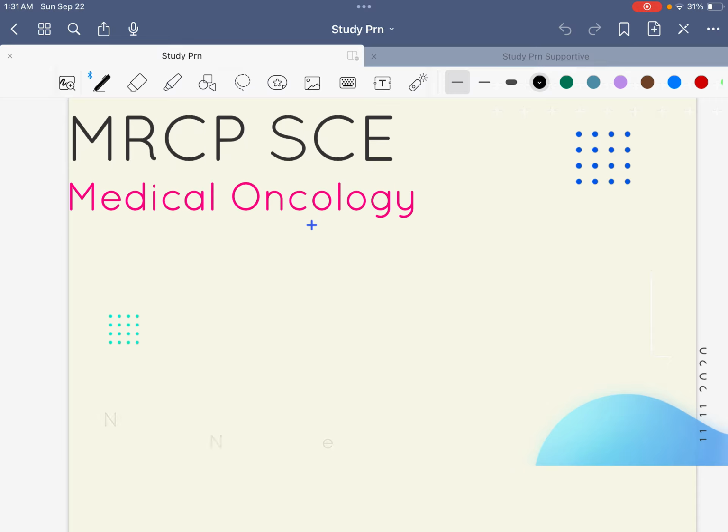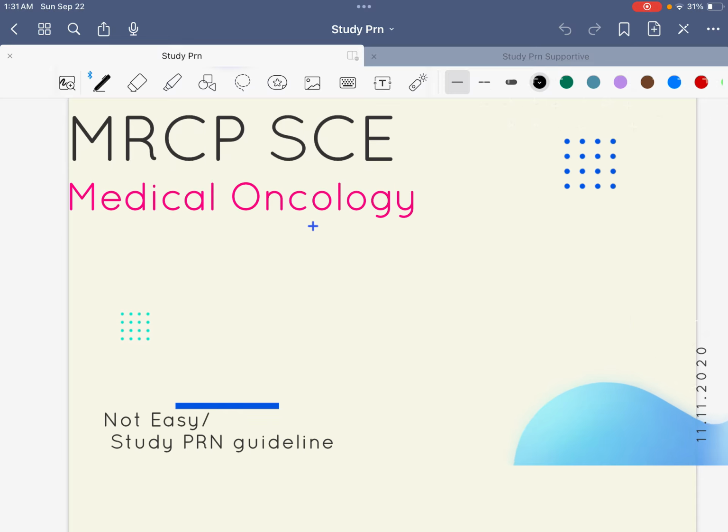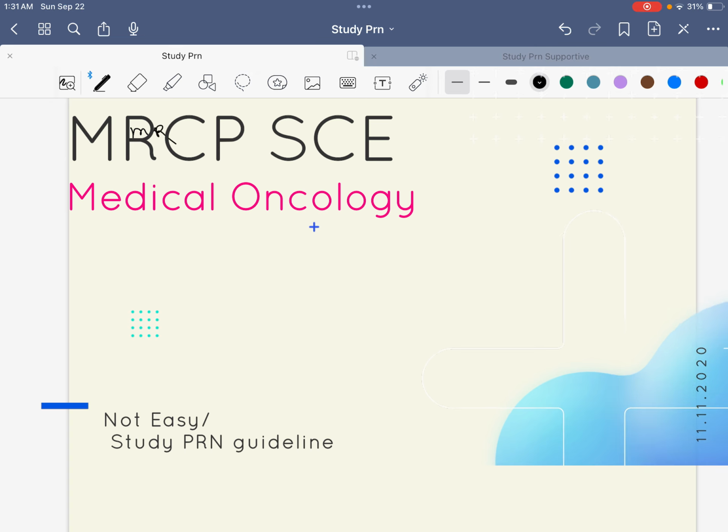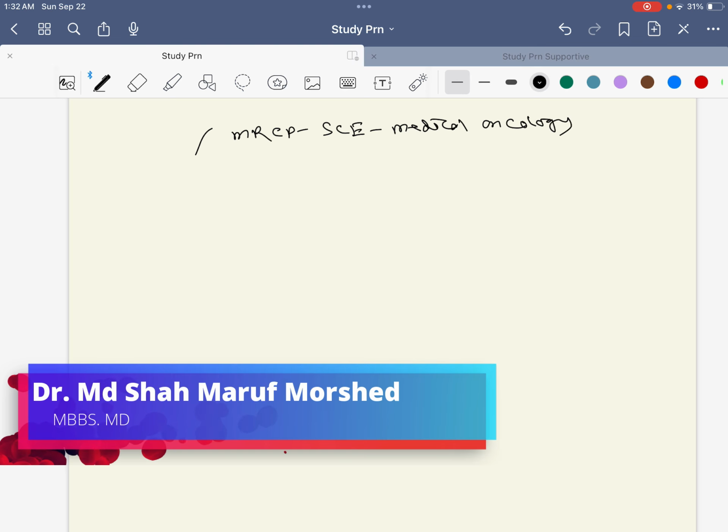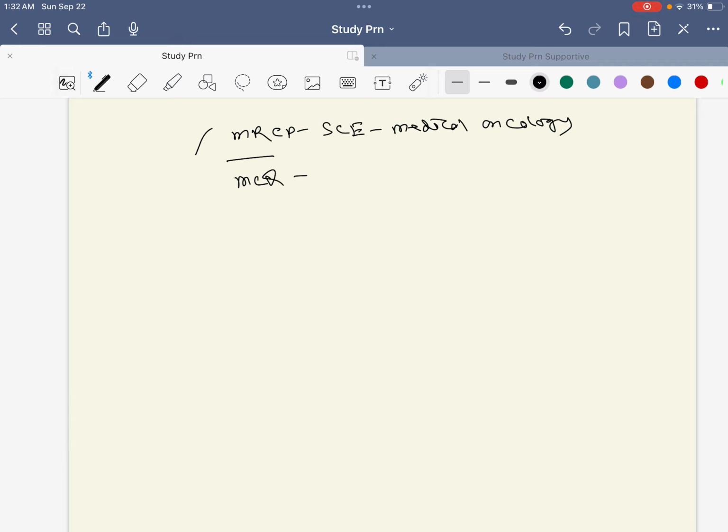In the previous class, we discussed the ESMO examination. Now, on the 10th of September, the MRCP SCE examination happened. What is it based on? It is mainly MCQ based, with 5 options per question. The main point is the amount of money.